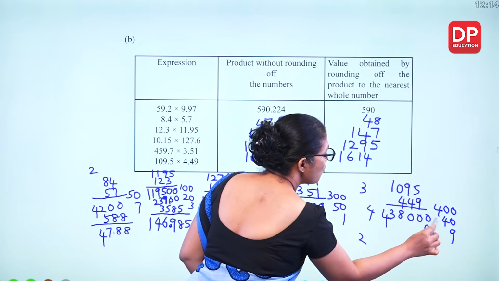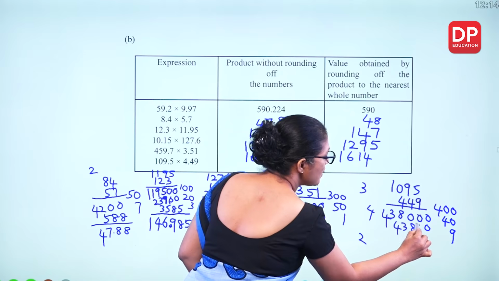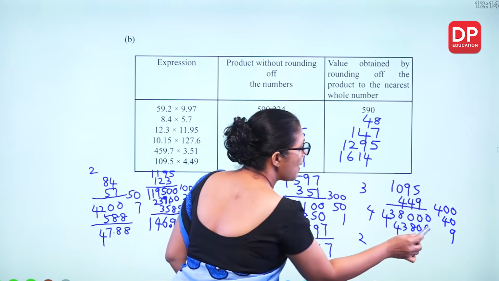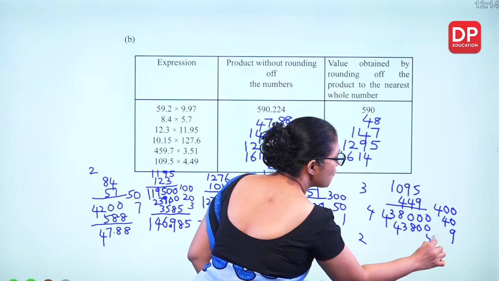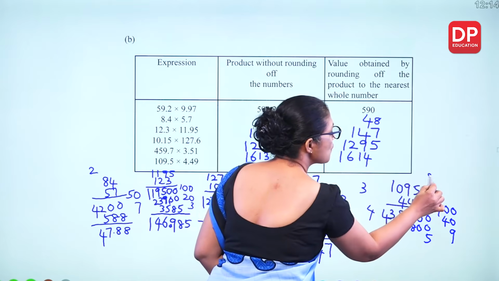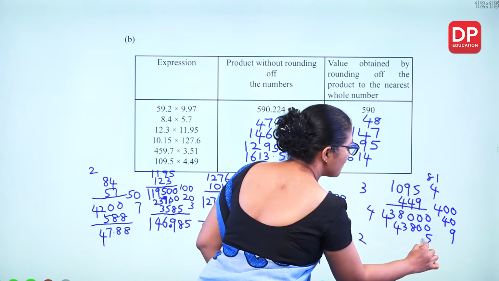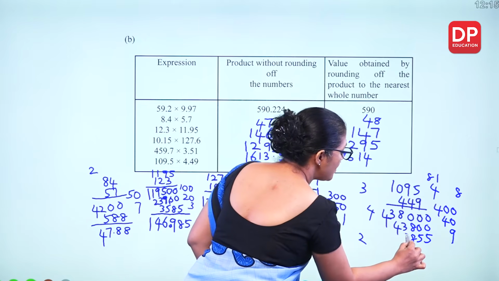And multiply by 4, you get 4380 here. And then multiply by 9. 9 times 5, 45. 4 remaining. 9 times 9, 81 plus 4, 85. 8 remaining. And 9 times 1, 9.